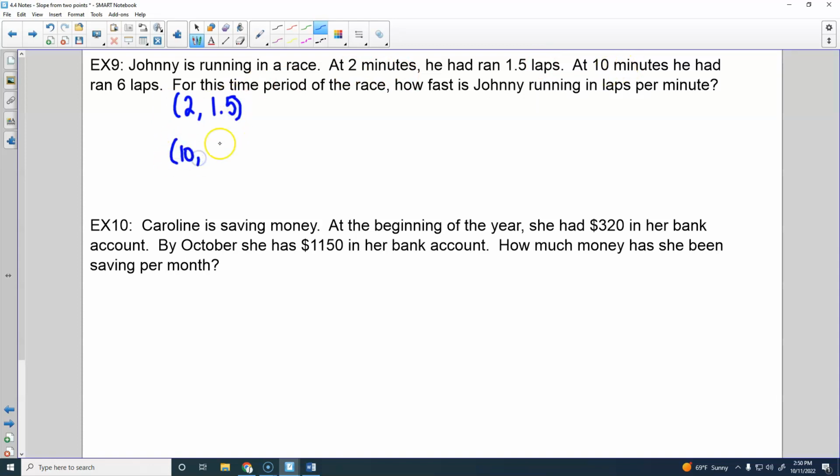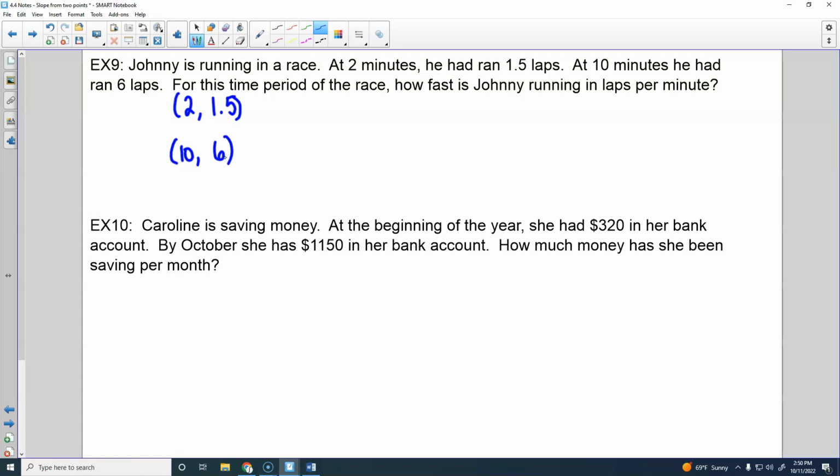At 10 minutes, he had ran 6 laps. So then we can use our slope formula to find the slope, because the slope is a rate of change, right? Slope and rate of change can sort of be used interchangeably.